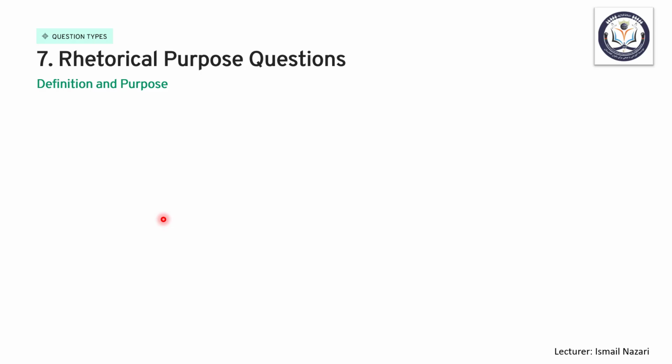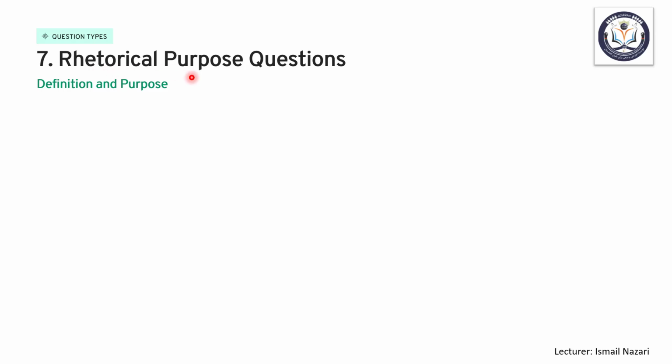When we talk about rhetorical purpose, first of all, the word which comes to mind is purpose. The word purpose simply refers to the reason something is mentioned, or the reason the author states an idea, or the target it may have for mentioning a specific point.